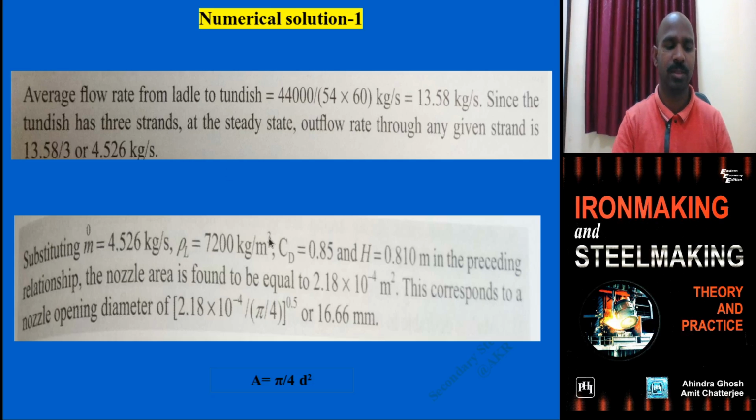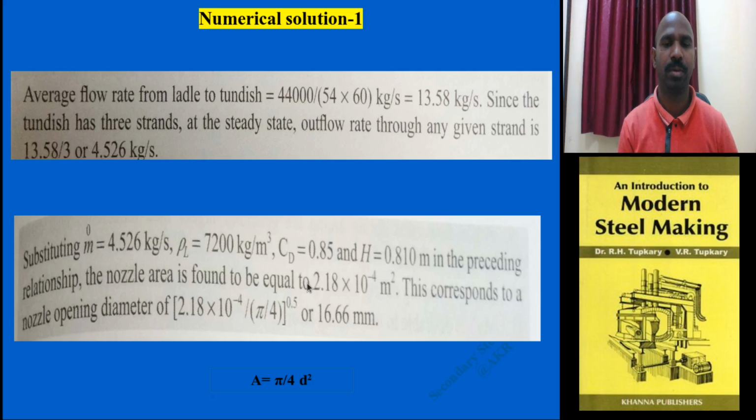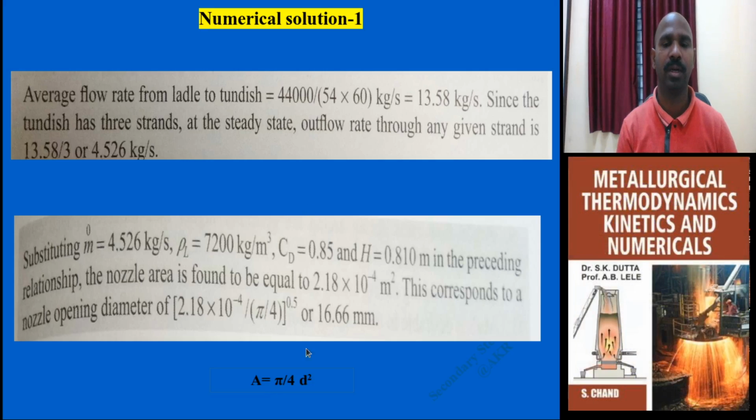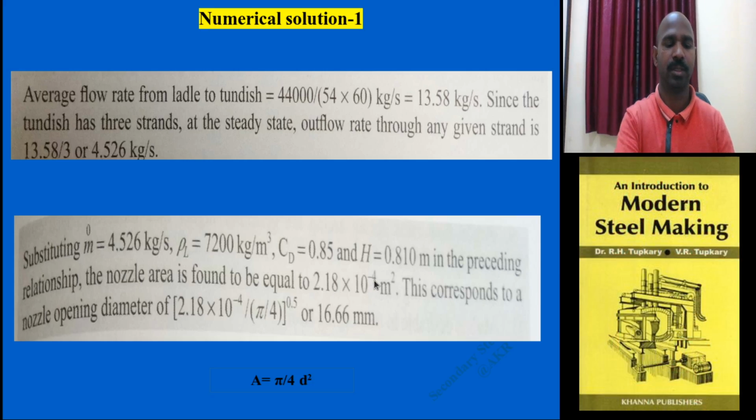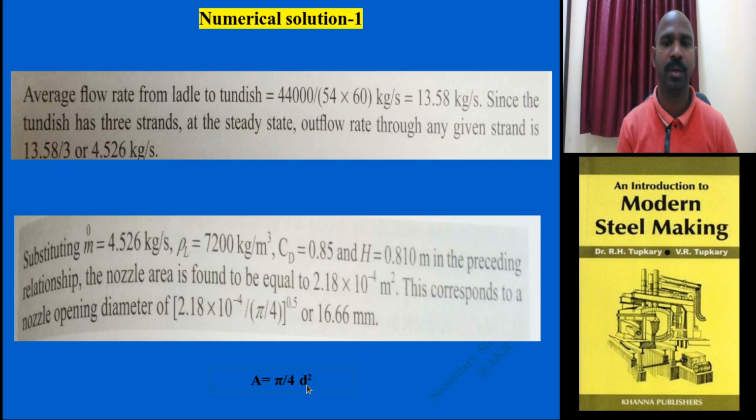When you substitute all these into the previous formula, you get the area of the nozzle as 2.18 into 10 to the power of minus 4 meter square, and the area in terms of a cylinder is pi by 4 d square, and pi by 4 d square is equal to 2.18 into 10 to the power of minus 4. But I need to know the nozzle opening diameter d.